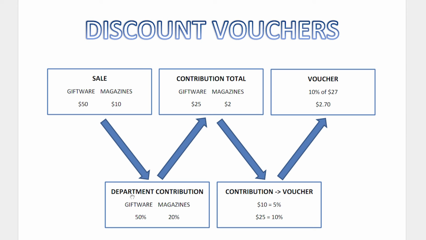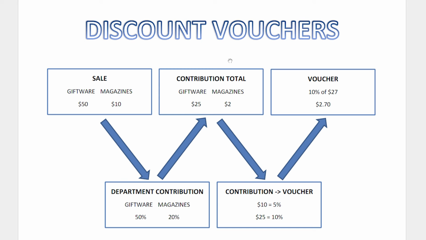In my discount voucher settings, I've set it up so that the giftware department will contribute 50% to what we call almost a bucket, or a pool of money or a pool of values. So I've specified that giftware will contribute 50% and magazines will contribute 20%.